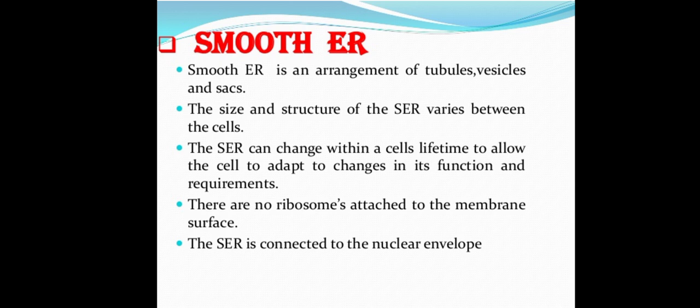Ribosomes are not attached to the membrane of this type of endoplasmic reticulum, so its surface is smooth. It occurs especially in those cells which are almost inactive in protein synthesis. It is well developed in cells that synthesize steroid hormones, as a system of tubules.